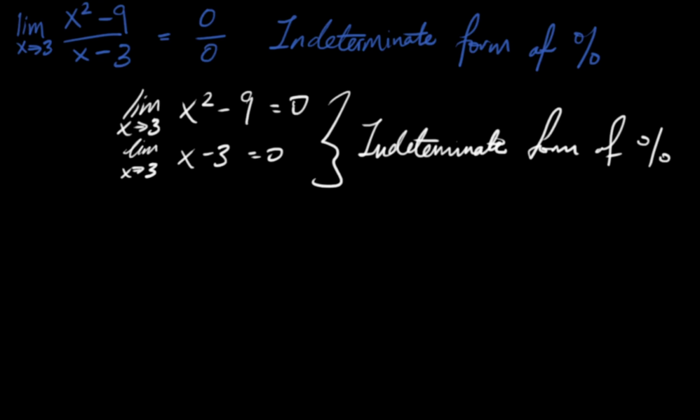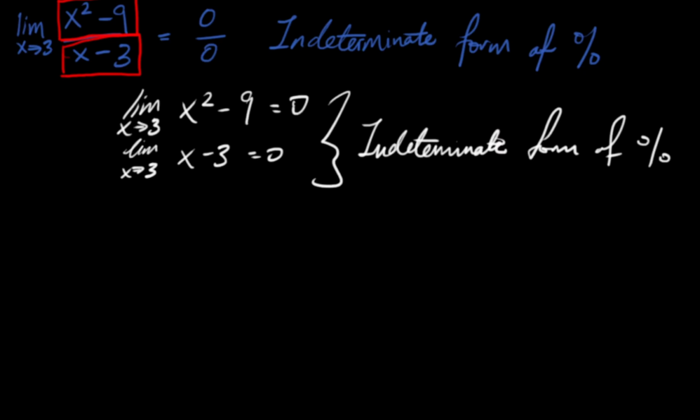But in this case, we know, hey, we've got to do some factoring, right? So now, by taking a look at this function right here, the top function is x squared minus 9, and the bottom function is x minus 3. Right, so now we have to think of a certain method that we can use so that we can factor it and also cancel that out.